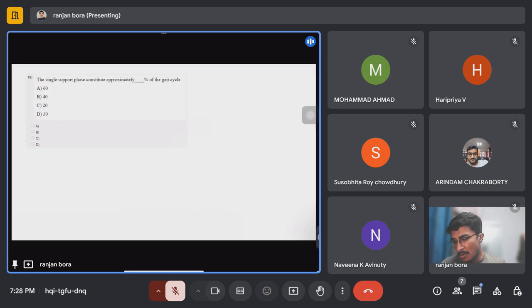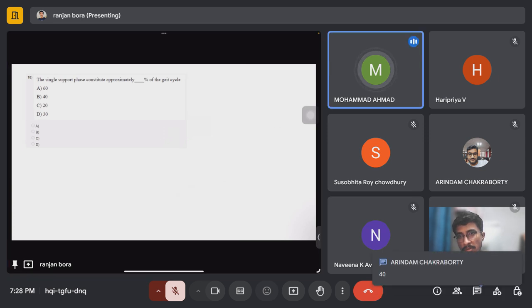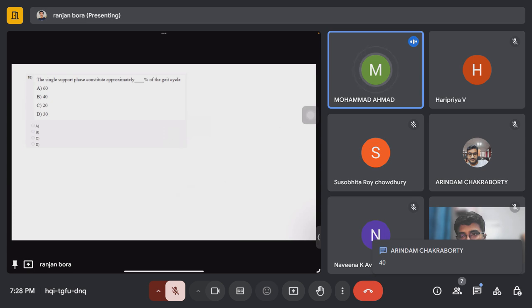Single support phase constitutes approximately what percentage of the gait cycle? Sir, there are two single support phases, so I think this must be 80%.